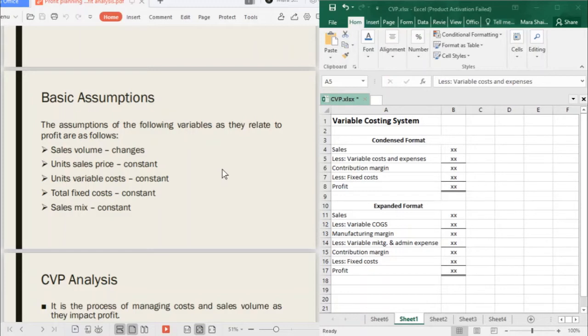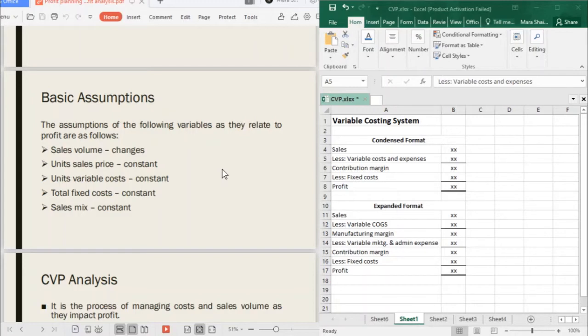As you can see here, the first variable is sales volume. So, the first assumption is that your sales volume changes, and then your unit sales price, unit variable costs, total fixed costs, and the sales mix remain constant. So those are your basic assumptions in your profit planning.